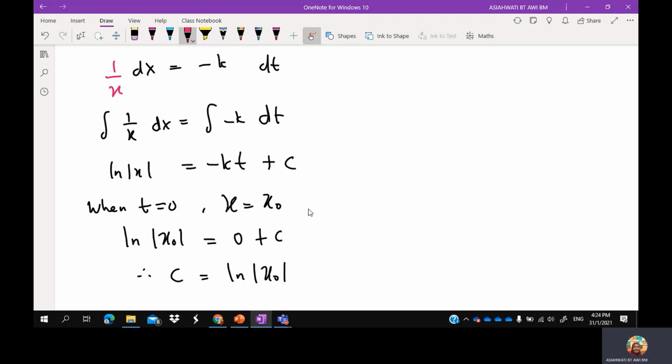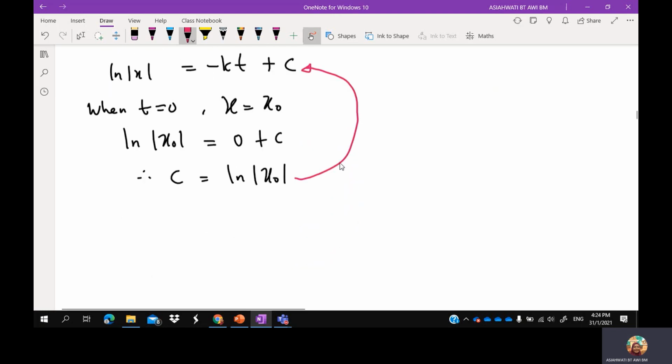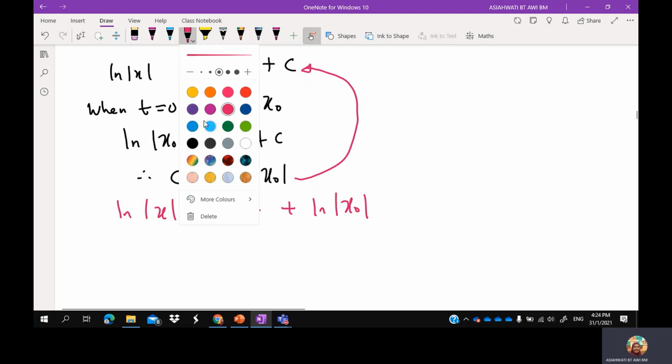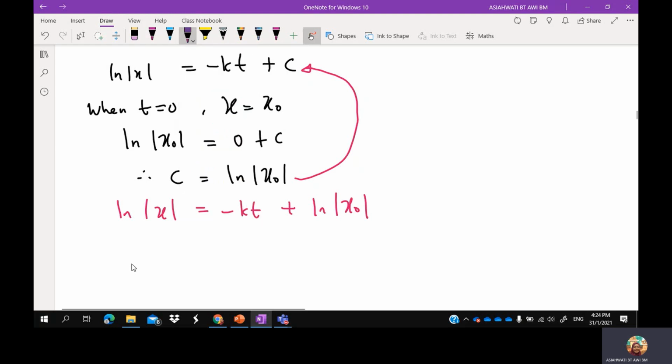Substitute c into the equation. The first step, you use the first info, and write down ln x equals negative kt plus ln x naught. Settled. The first step is to find c, done.